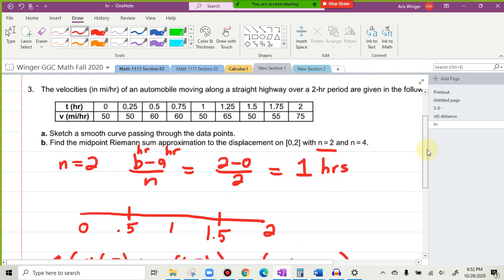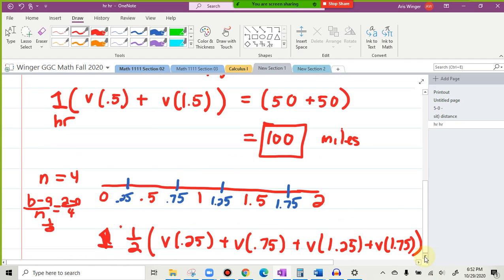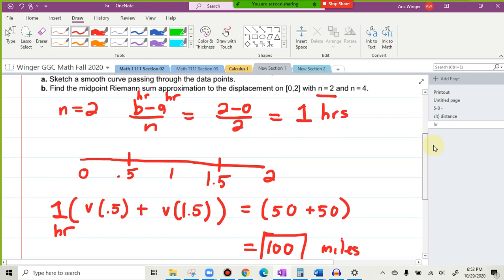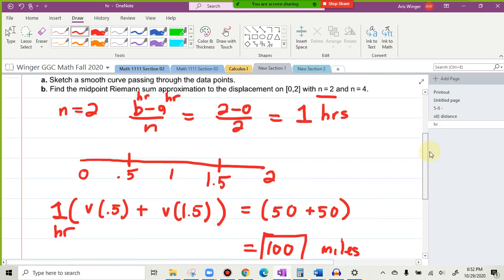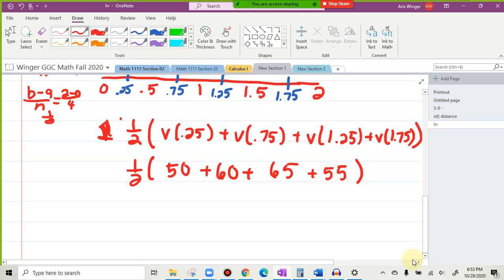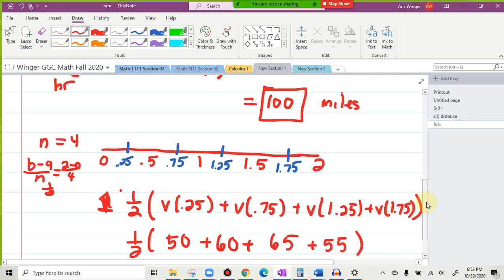So we've got 50 plus 60 plus at 1.25 is 65 and 55. Right, so that's 120 plus 110, 230, 1/2 of 230. As we know, this is a better approximation, 115 miles away from where you started.